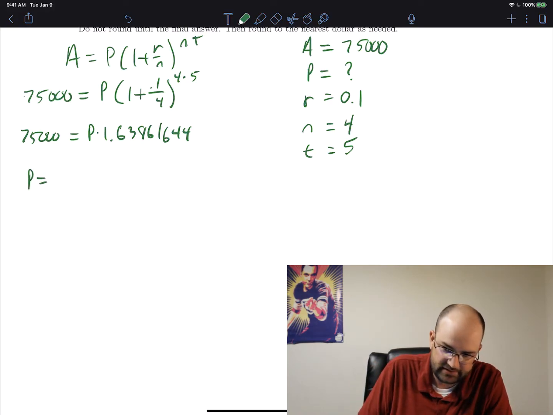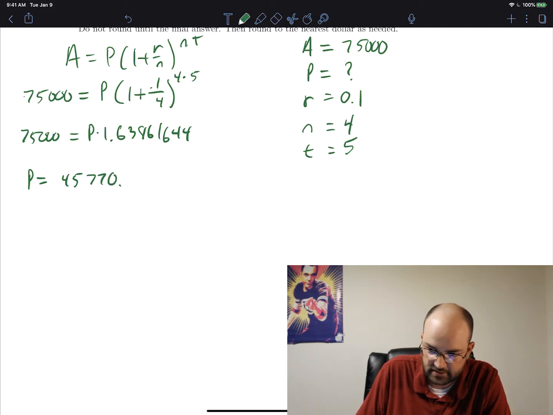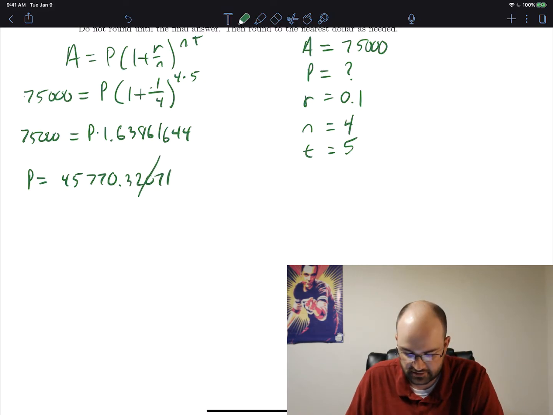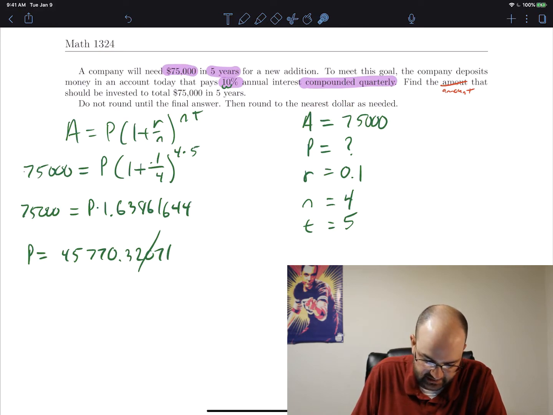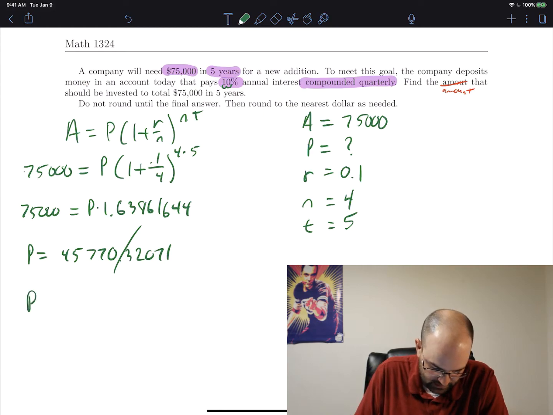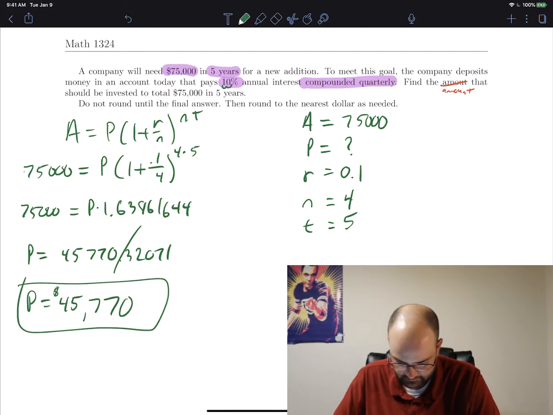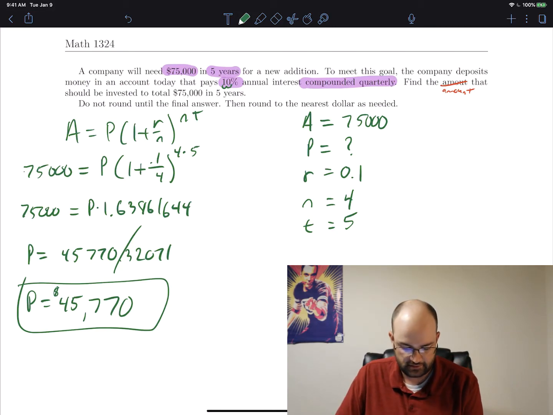So P is going to be $45,770.32071. Again, rounding to the nearest penny. Oh sorry, no, rounding to the nearest dollar as needed. So P is going to be $45,770. There you go, that's how much we need to invest: $45,770.